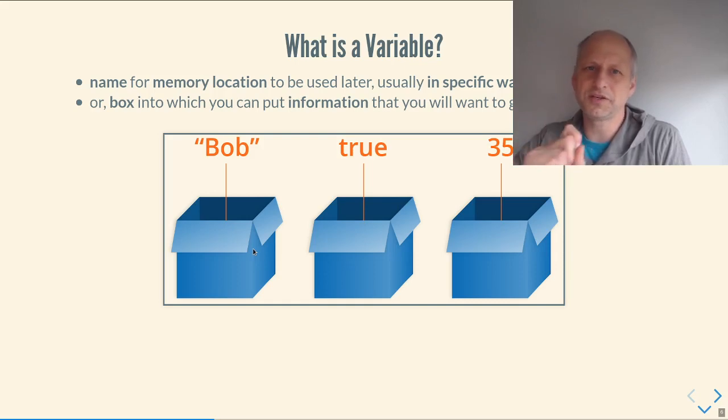And it stores that information in specific ways that depend on the variable type. So one type of variable will store information in one way, and another will store in another way, and the amount of memory that is reserved for that variable value is different with different variable types.